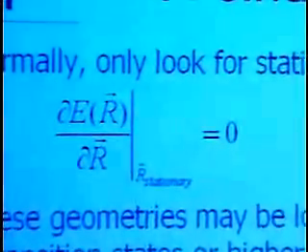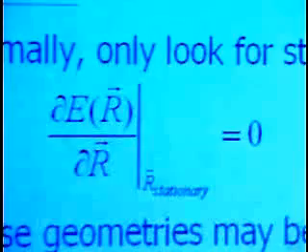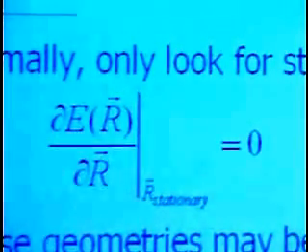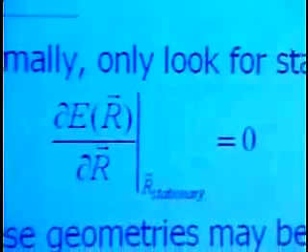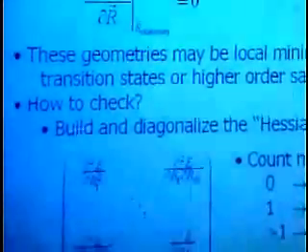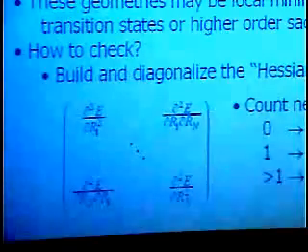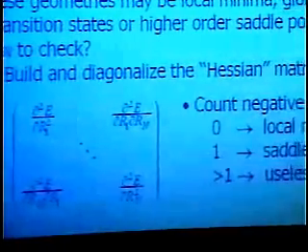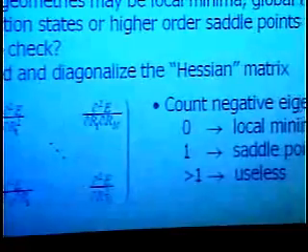How do you check? I think you all know this from calculus. Basically, you just build and diagonalize what is called the Hessian matrix, which is the force constant matrix, or the matrix of second derivatives of the energy. And typically, for most methods, you can build this and then diagonalize it, or actually the program does this for you. You just tell it, please get the force constant matrix and diagonalize it for me.